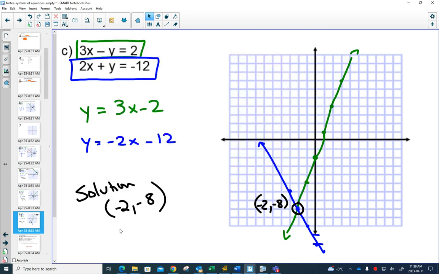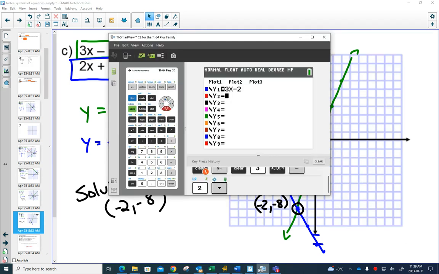And in y2, I'm going to write the blue equation, which is -2x minus 12. With the graphing calculator, there is a subtract sign and a negative sign. So when we want to write -2x, we have to push the negative sign and -2x and then subtract 12.